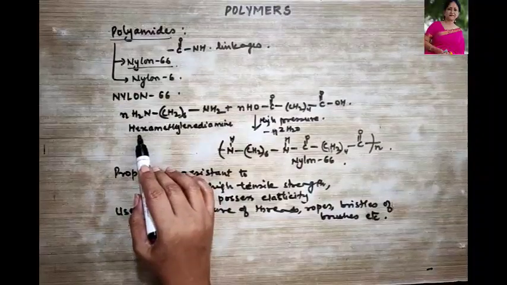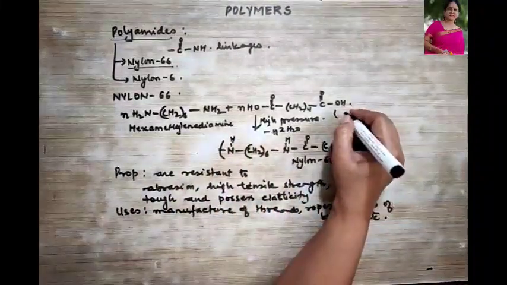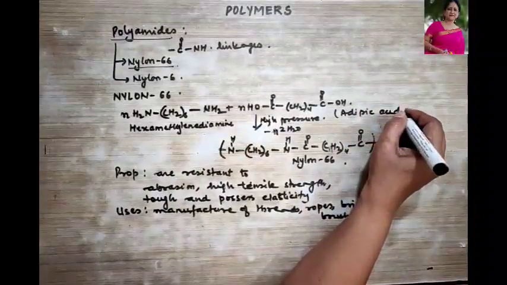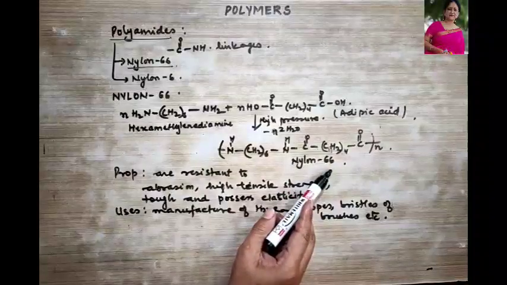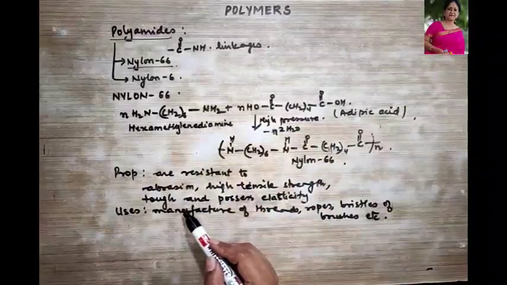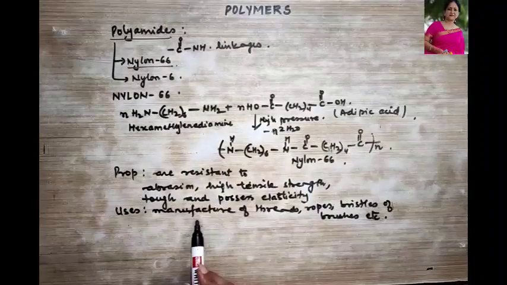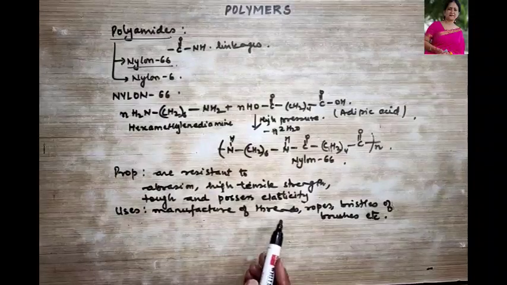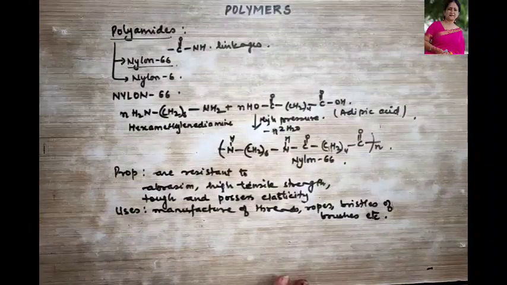By treating hexamethylene diamine with adipic acid at high pressure, we get nylon 66. They are resistant to abrasion, have high tensile strength, are tough, and possess elasticity. They are used for the manufacture of threads, ropes, even the bristles of brushes.